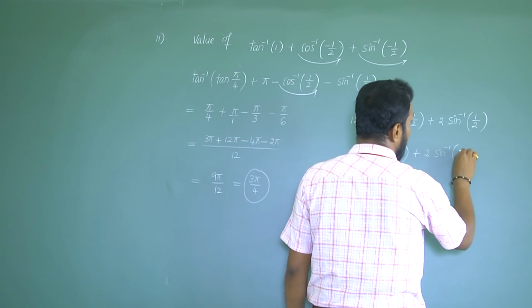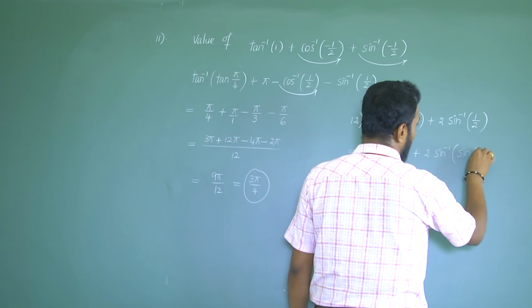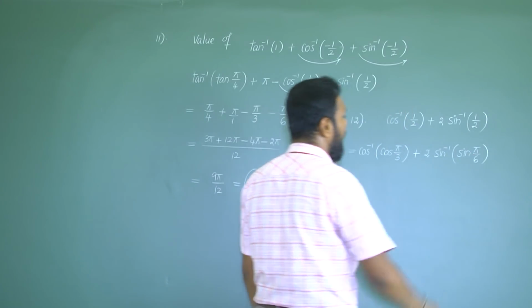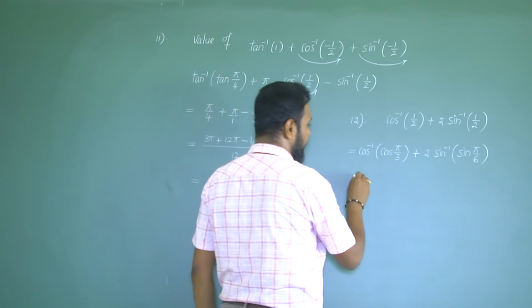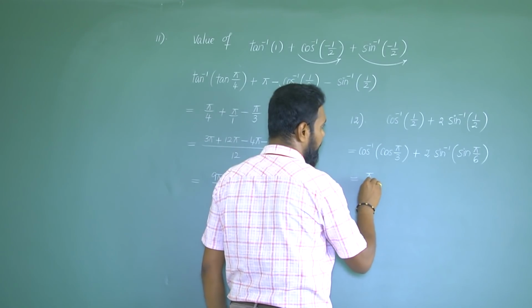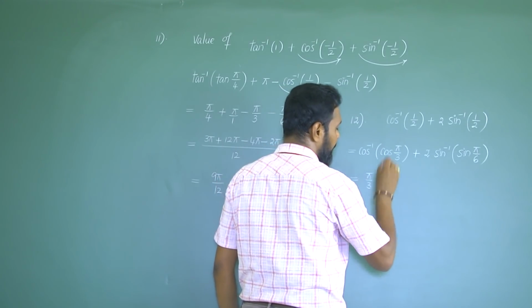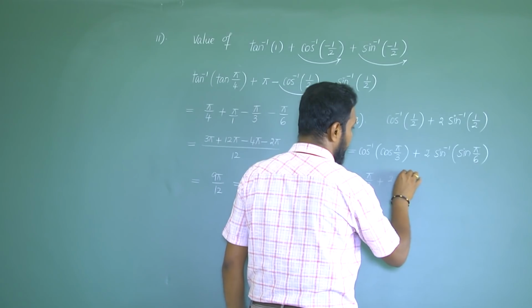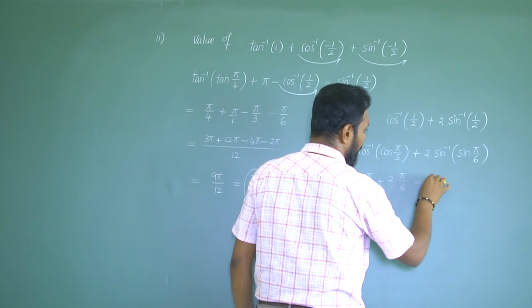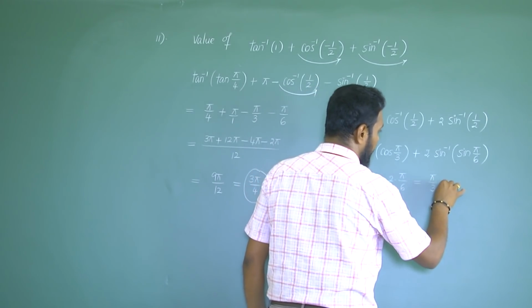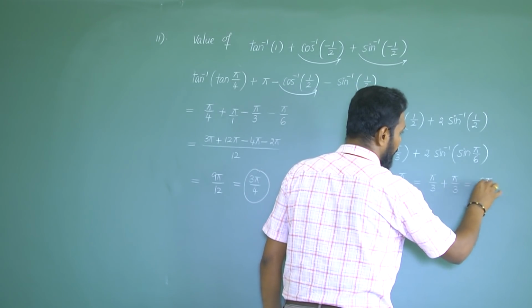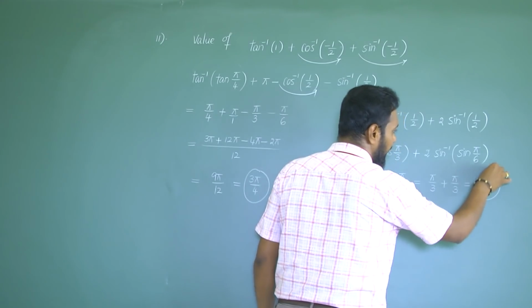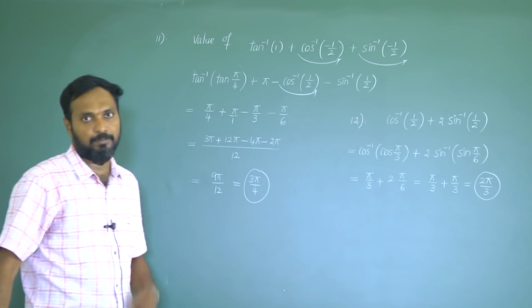How can I write 1 by 2 in terms of sine function? Sin pi by 6. Cos inverse cos x is x, pi by 3 plus 2 sin inverse sin pi by 6, it is pi by 6. So it is pi by 3 plus pi by 3, that equals 2 pi by 3, which is the answer we will get.